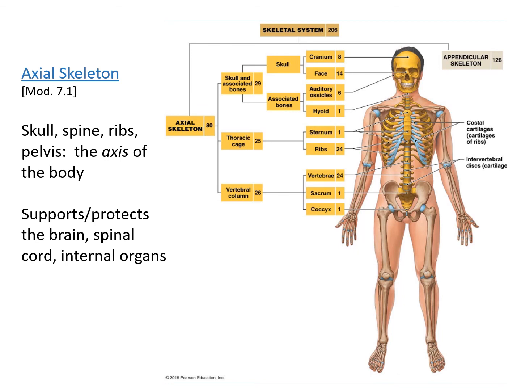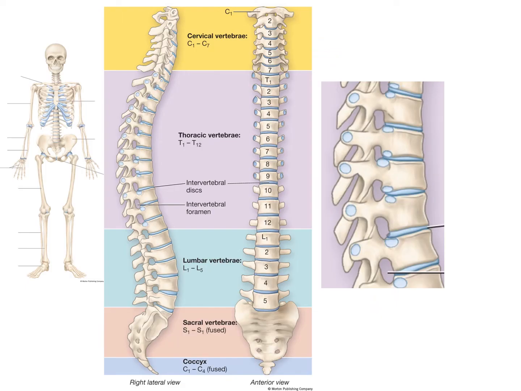This part of the skeleton is responsible for supporting and protecting the entire central nervous system, protecting the internal organs, so again, the axis of the body. Finally, it is the attachment site for many muscles. We can stand up straight because muscles are pulling on bones within our axial skeleton.